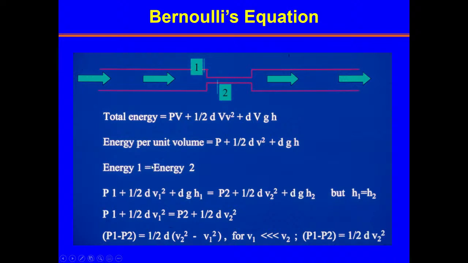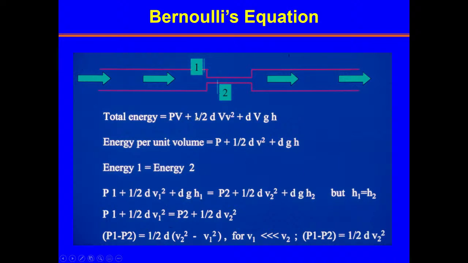With the conservation of energy, we would say that energy at point 1 and energy at point 2 are equal. If we assume that the amount of flow, the absolute volume, is the same across, then we can remove that from the expression, and it simplifies to pressure plus kinetic plus potential energy at point 1 and the same at point 2.